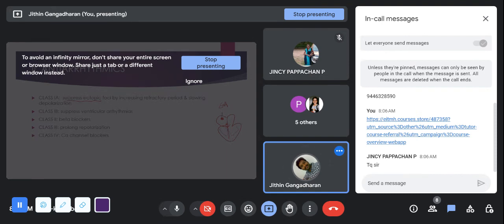Next, class 4 drugs, the calcium channel blockers. These class 4 calcium channel blockers are given as an antihypertensive drug also. What the name itself indicates, it blocks the calcium which is going into the muscle.